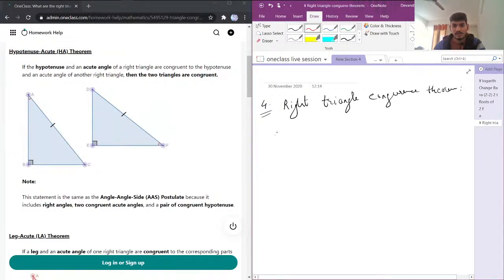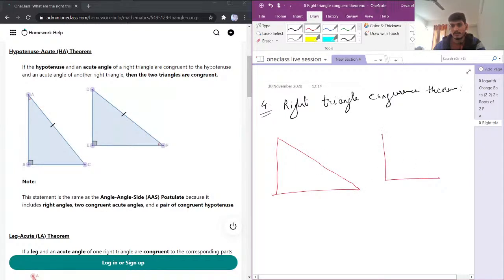For deriving this right triangle congruence theorem, we'll basically use the basic congruency theorems of triangle. This is one triangle, let's say.